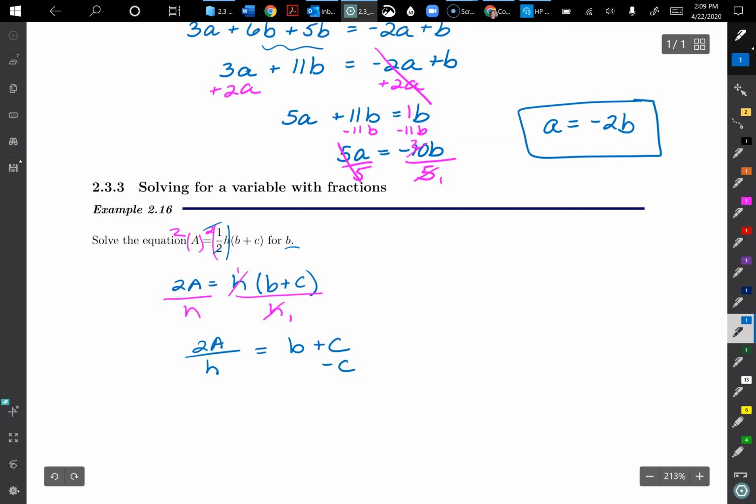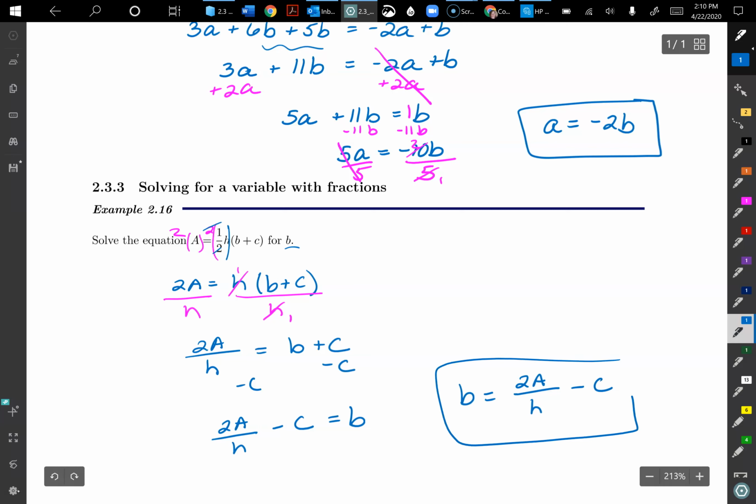B. Subtract C on both sides. And I get 2A over H minus C. Be careful how you write that. And then that equals B. And then we just want to reposition that B to be on the left. And we are done with that one.